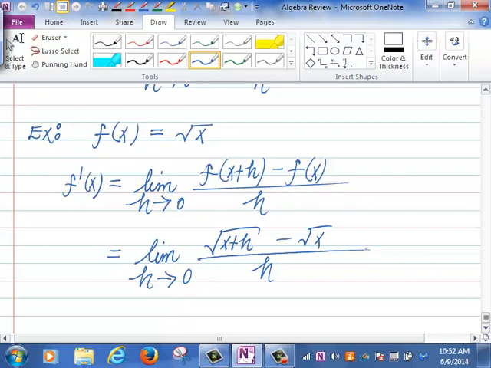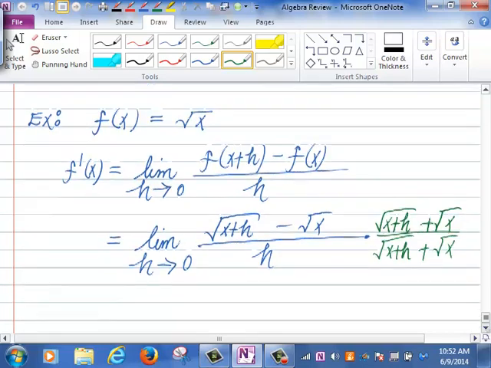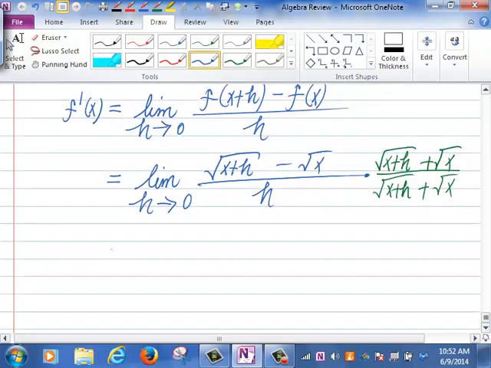And again, how do I find this limit? I have to multiply and divide by the conjugate. And I'm not going to show you all these steps here.